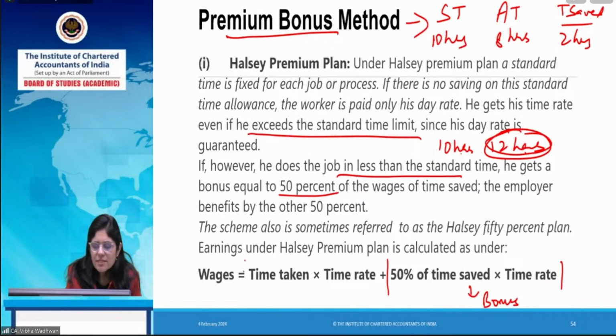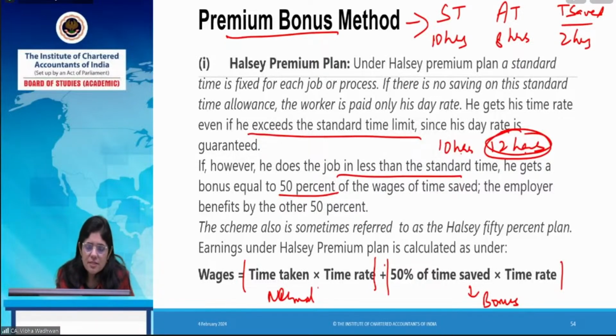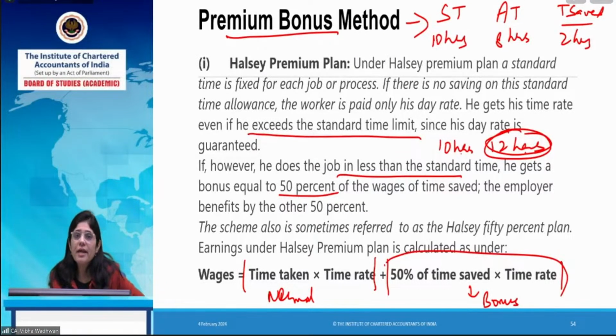And this is the normal wages. So time taken into time rate is the normal wages you will get, plus the second part, which is the bonus. How do you get the bonus? 50% of time saved into time rate. So if you are saving time, you are getting incentive for only 50%.